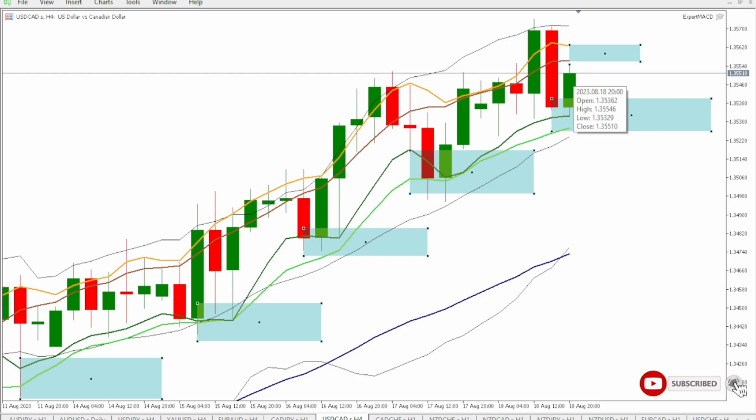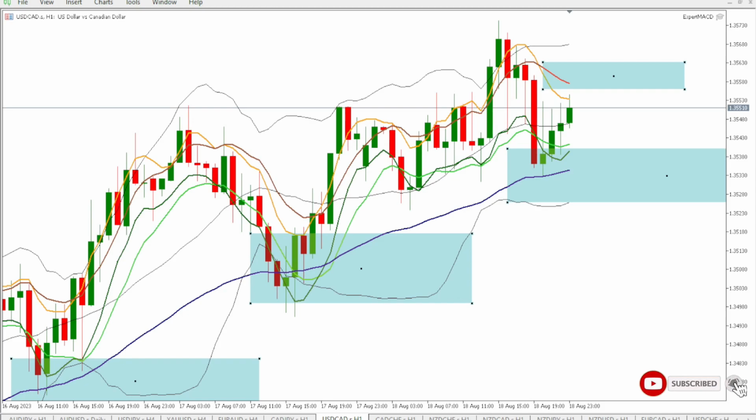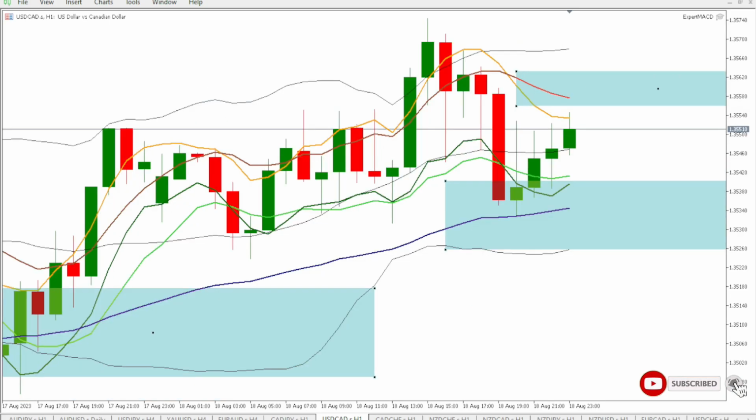Now let's check the 1 hour time frame and see how the chart plays in that time frame zone. As you can see, price has already touched our TP.